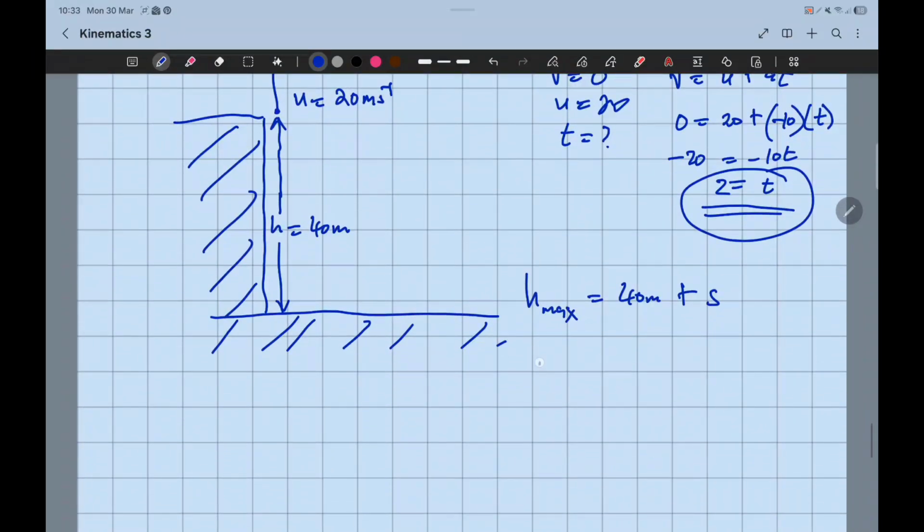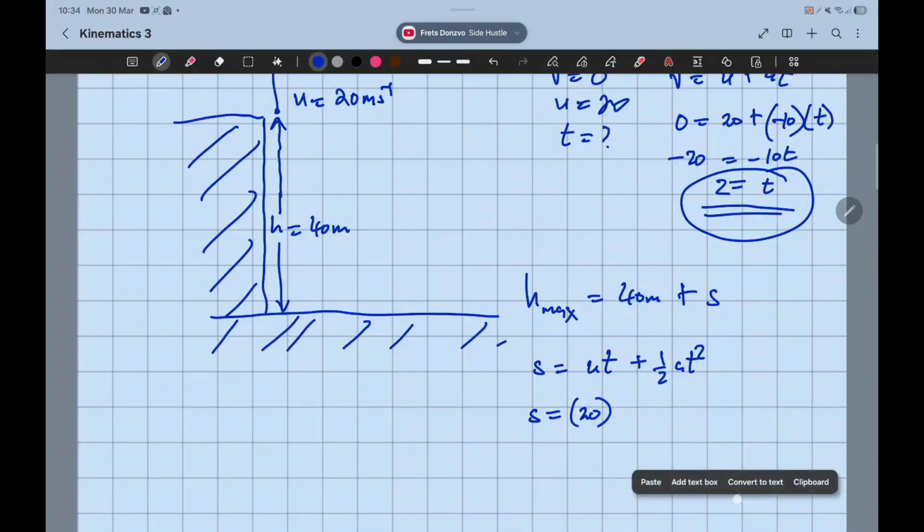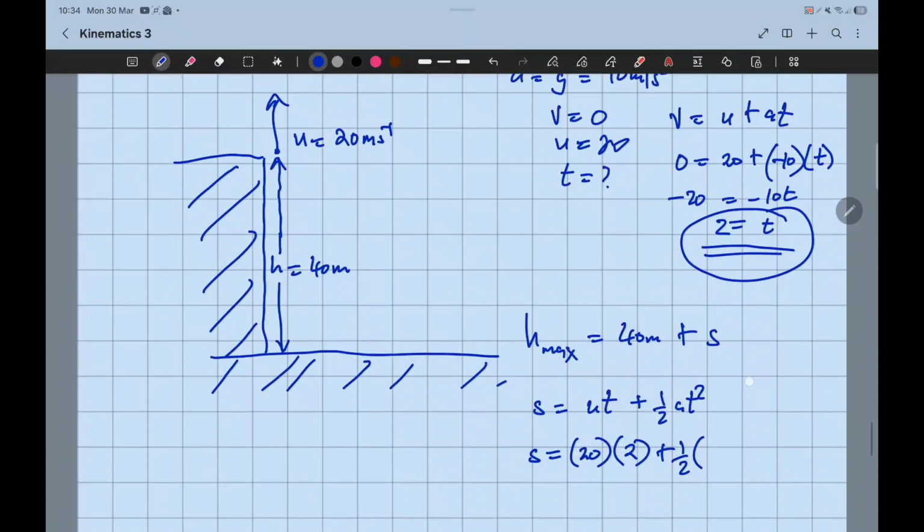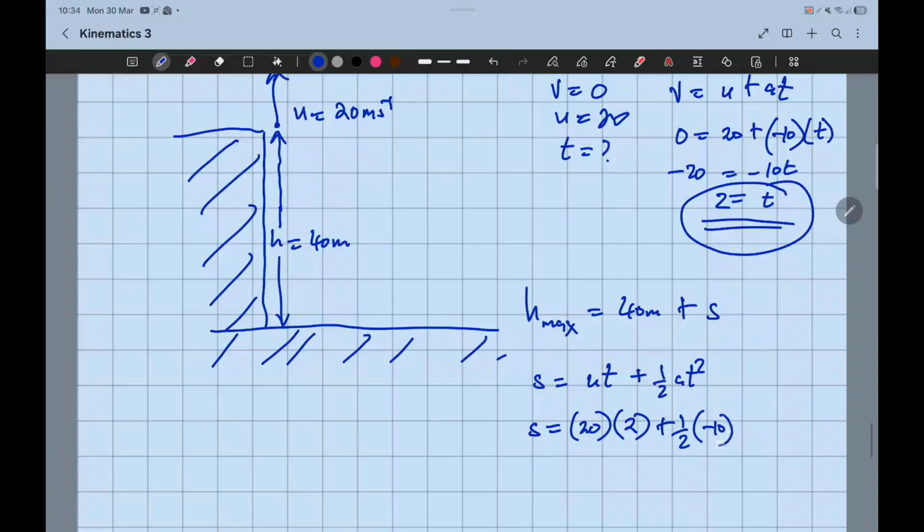And for us to get that s is equal to ut plus half at squared. S u wedu 20. Then t, we got 2 for our t, plus half a wedu a, it's negative 10. T squared, which is 2 squared.